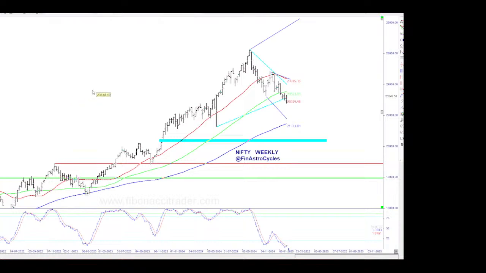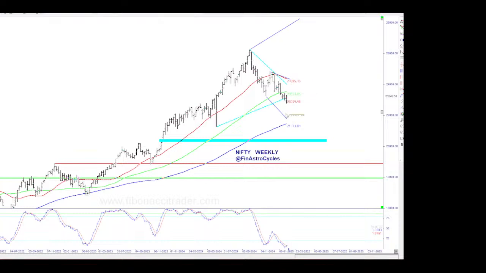Now, this is the Nifty weekly chart. I had one price target somewhere here, and it has been achieved. Now, this is another price target which should have come this week, which has not come yet. So if it starts moving up, 24,385 is the upside target.